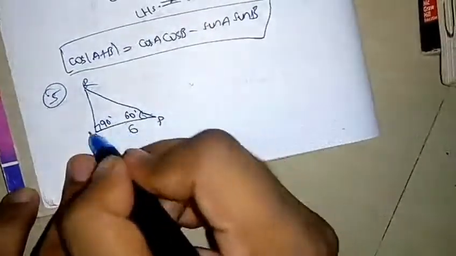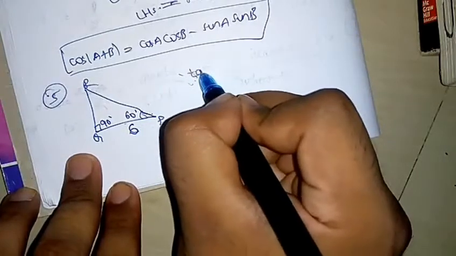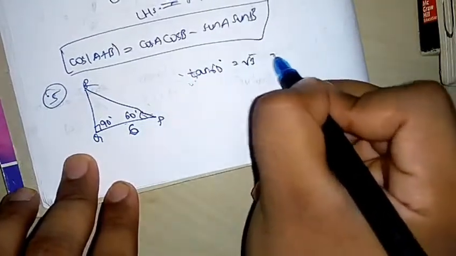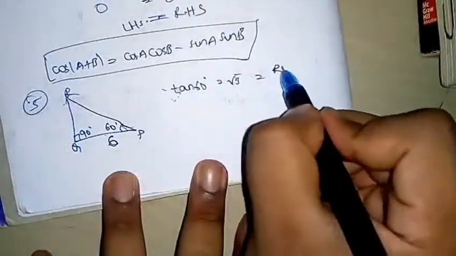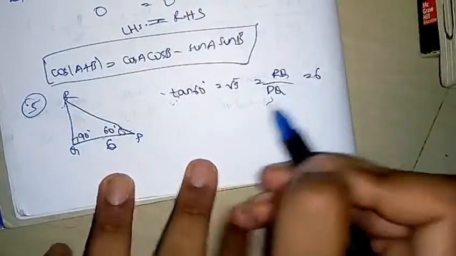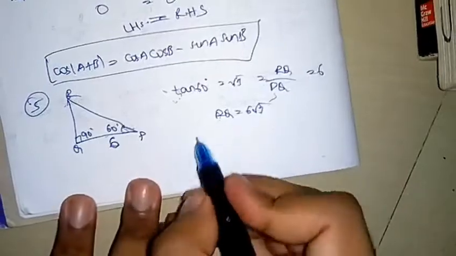So here in this triangle, you know that this is 60 degrees. Tan 60 degrees is equal to root 3, which is equal to, here tan 60 will be opposite side RQ by adjacent side PQ, which is equal to 6. Therefore RQ is equal to 6 root 3.